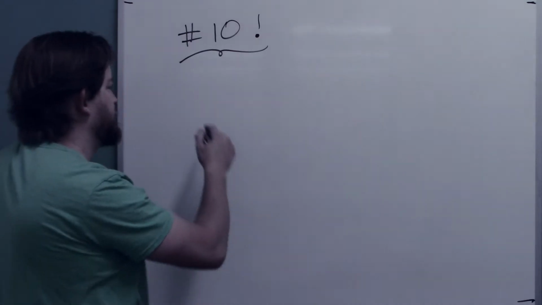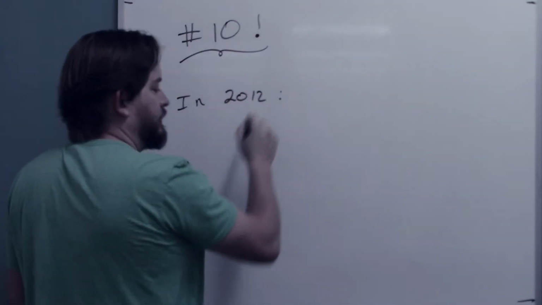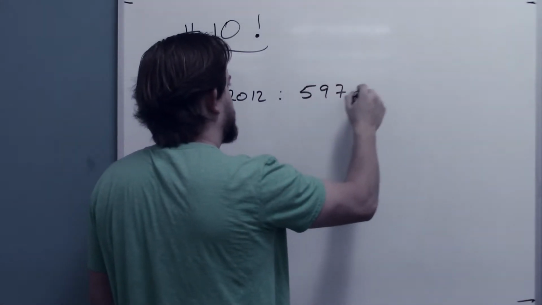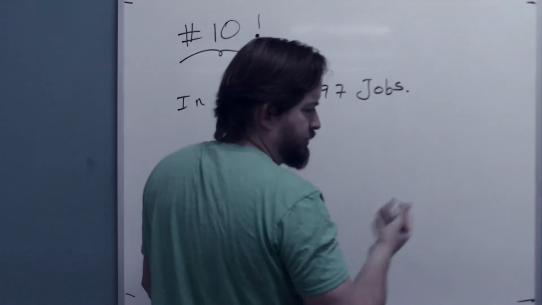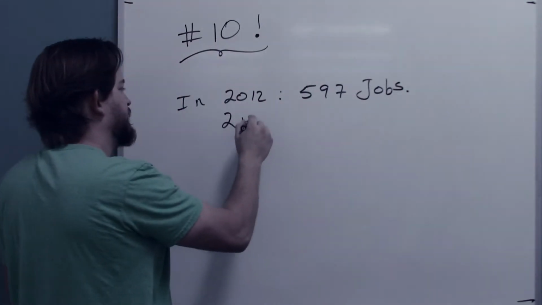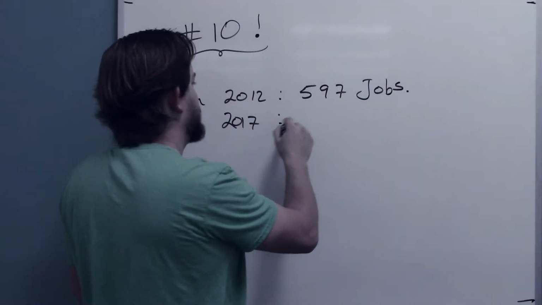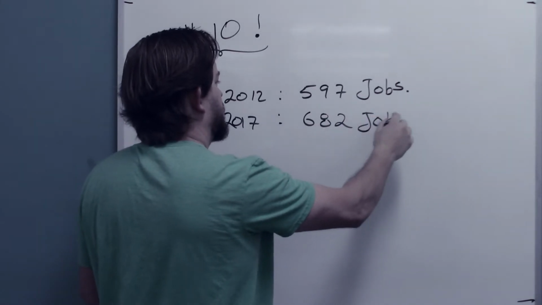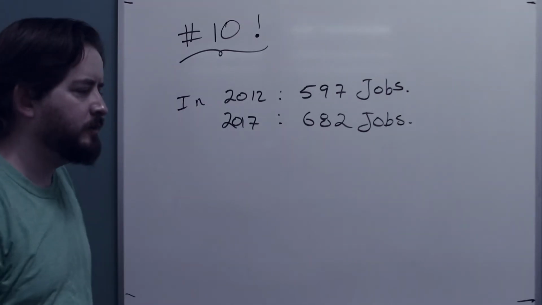It says in 2012, there were 597 jobs in a small town. In 2017, there were 682 jobs. And then the question says, find the rate of change in jobs per year.